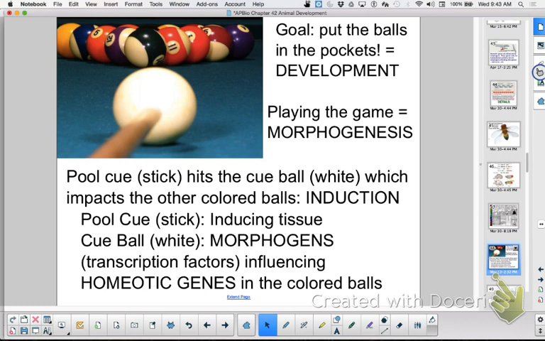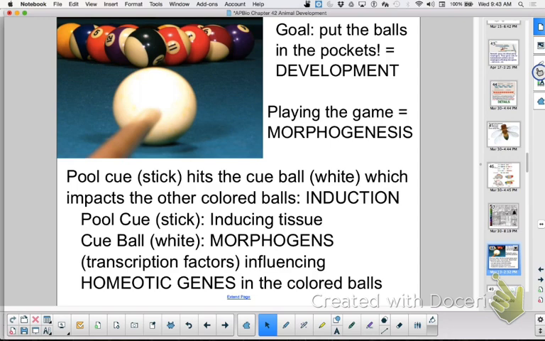Just like you can hit the white ball and it influences all the other balls. Okay? That stick is the inducing tissue. The cue ball, the white ball, are morphogens. You're using morphogens to influence the other tissues in their development, in their movement. Those morphogens are transcription factors. Those transcription factors were coded by homeobox genes that were sitting in homeodomains, right?